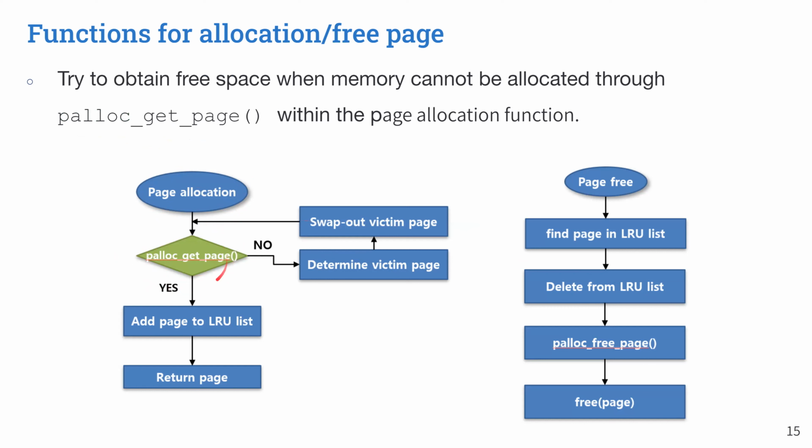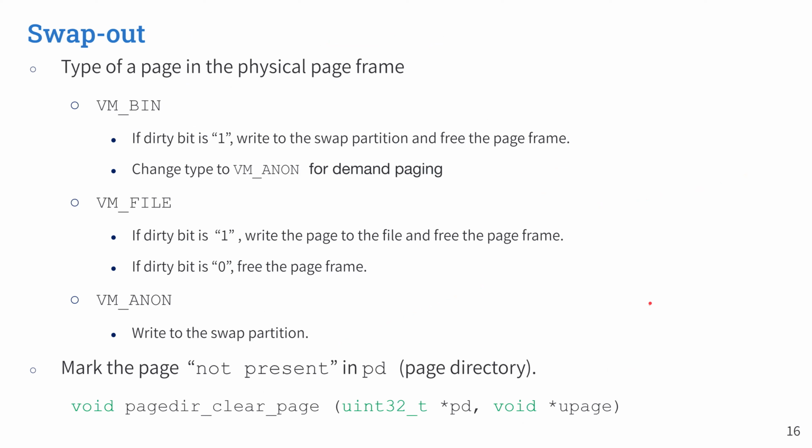Also you should add the used page to the array list, and return the page. Likewise, when you free the page, you should find the page in the array list, delete it from it, and call this function. And this is the detail of the swap out.